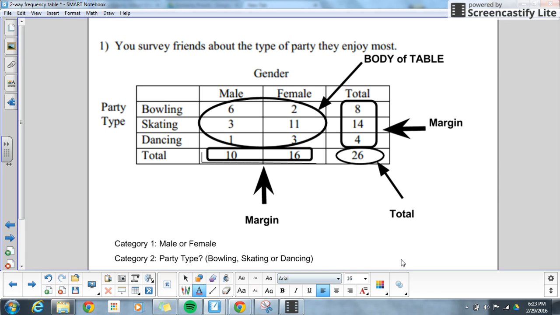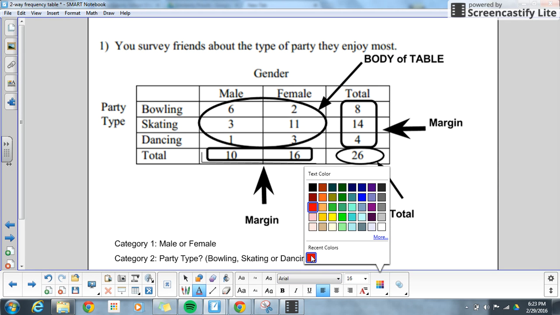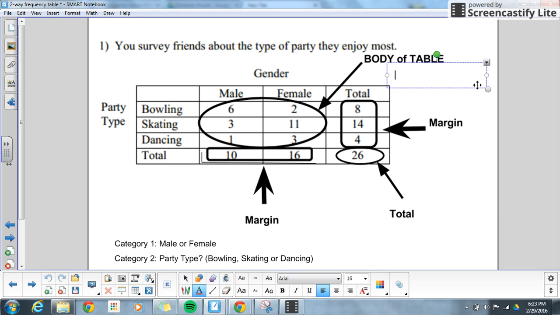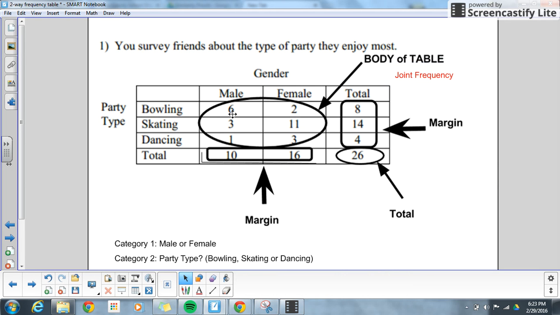So let's add that. Let's make it a different color. So the body of the table is going to be a joint frequency, because the number 6, for example, is joining two things. It is a male who also likes to bowl, or 3 is a female who also likes to dance. So the body of the table is going to give us a joint frequency.